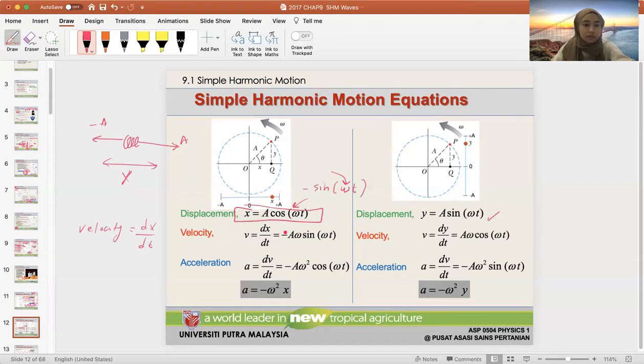Okay, kita differentiate with respect to t. Differentiating gives me negative sine omega t, and then I differentiate what is inside here, so I get negative omega. Okay, saya baru differentiate cosine je. My A is a constant. So my equation becomes negative A omega sine omega t. So that is the V equation.